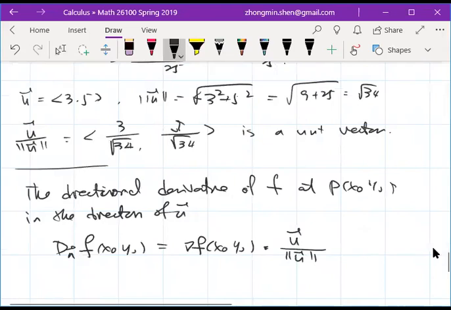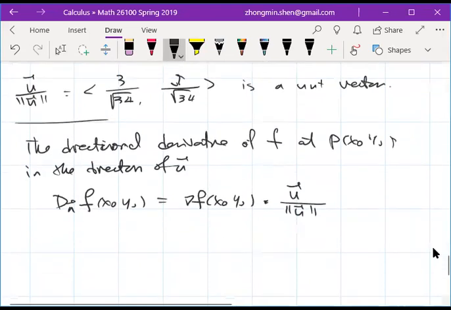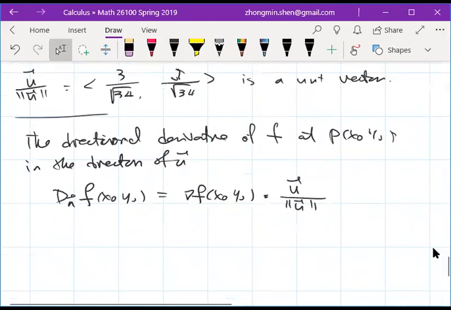So if I ask you to find the directional derivative at the point in the direction of u, and u is not a unit vector, then you have to normalize and then use that to find the inner product. That's what I see from the book.